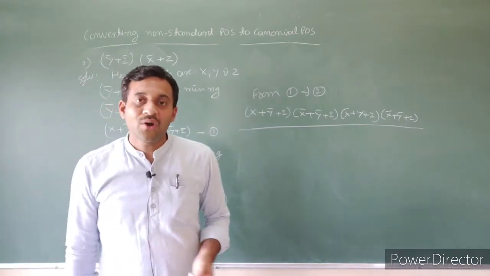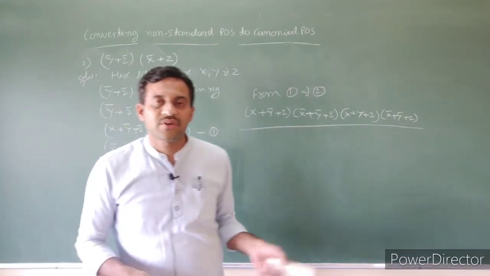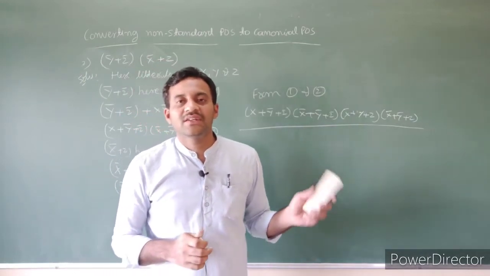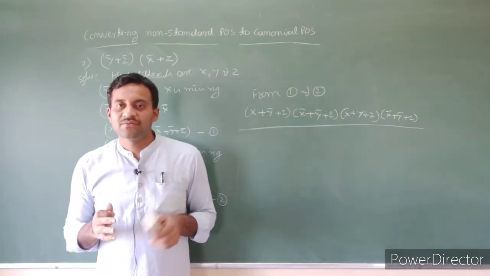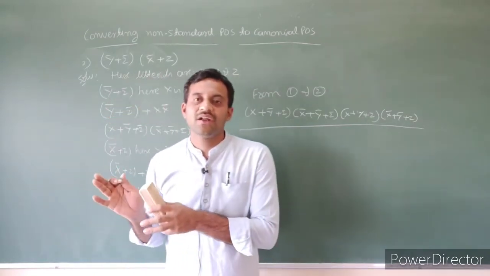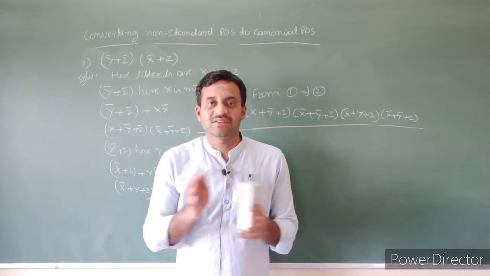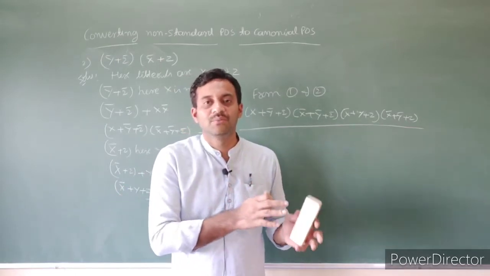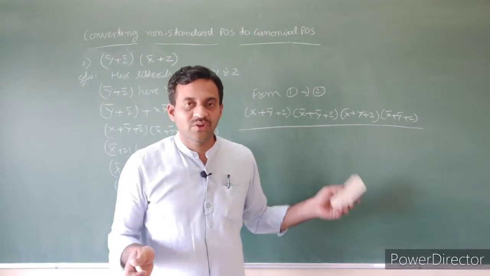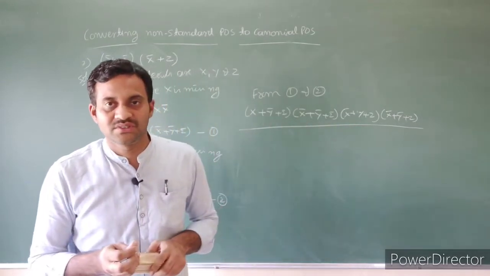Let's discuss how to write shorthand notation for the canonical POS. To write the canonical POS in a shorthand form, the first step is to convert non-standard POS to standard POS. To convert non-standard POS to standard POS, follow the steps.